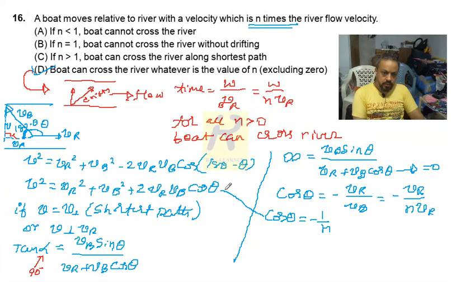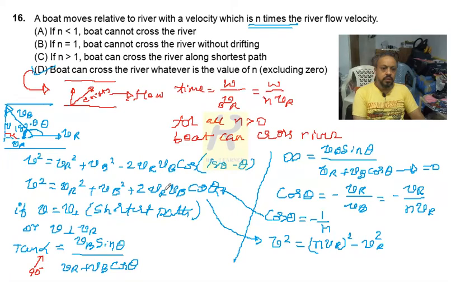this whole equation can be written as v square is equal to vr square times (n square minus 1). When I put this here, I get v square equal to this much.